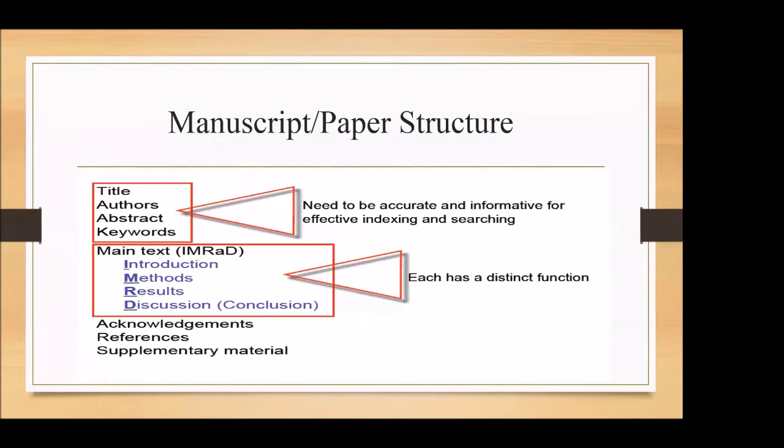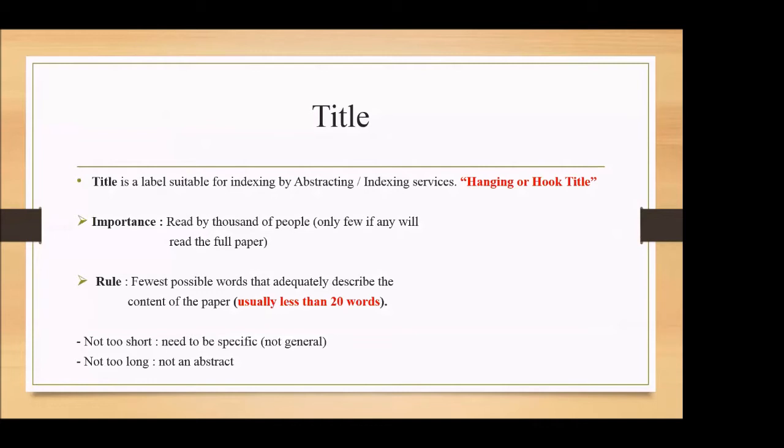Then we have an acknowledgement, then references, and then any supplementary material that you used. So this is basically the structure. Let's go through these sections one by one. Let's look at the title first.